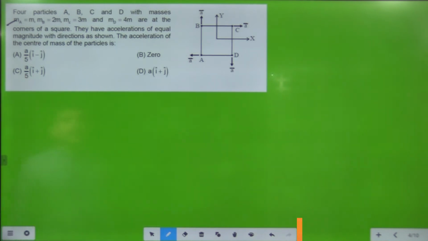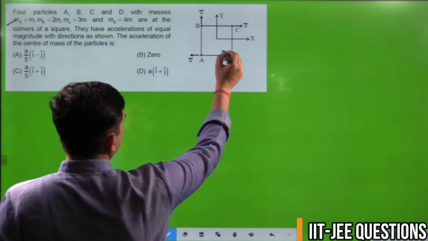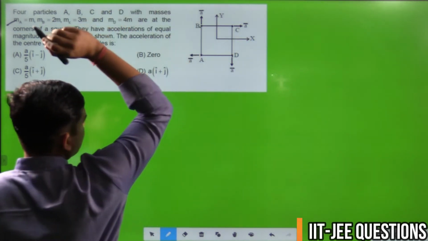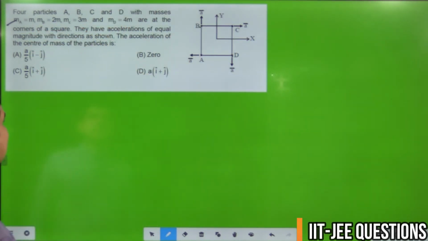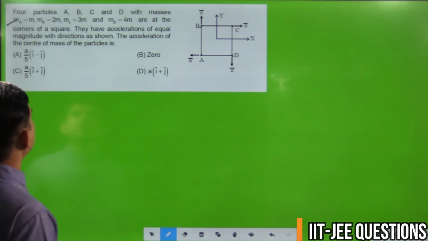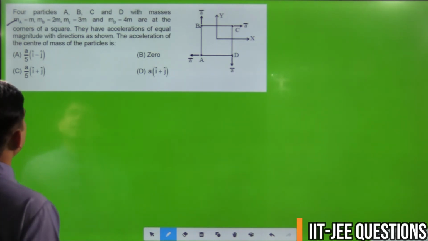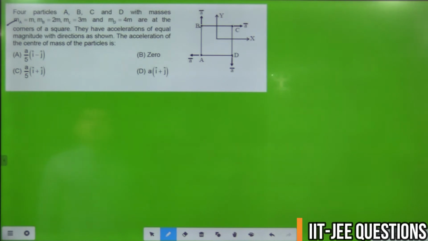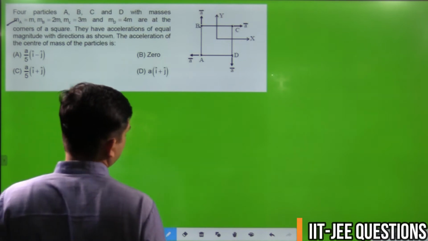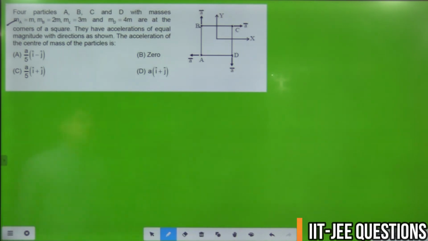And the last, MD, is 4m, at the corners of a square ABCD. They have accelerations of equal magnitude with directions as shown. The acceleration of the center of mass of the particles is? To calculate the acceleration of the center of mass.